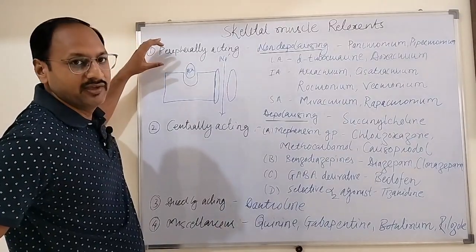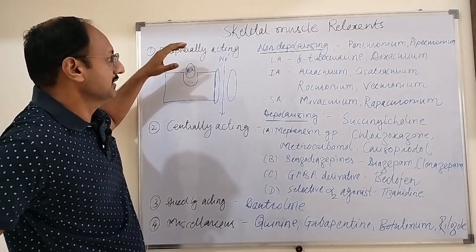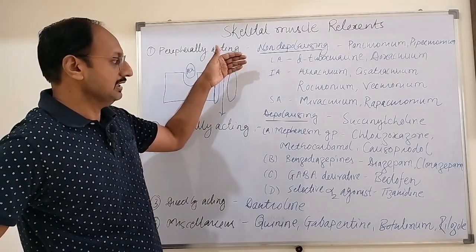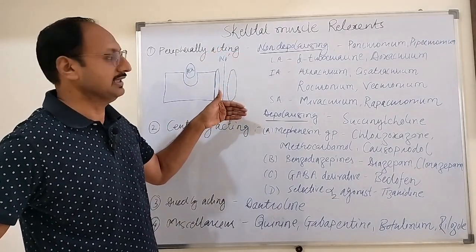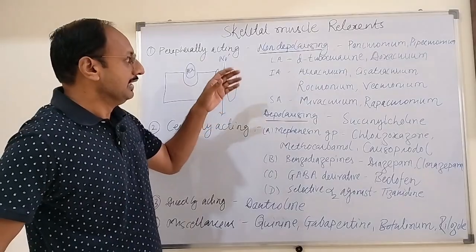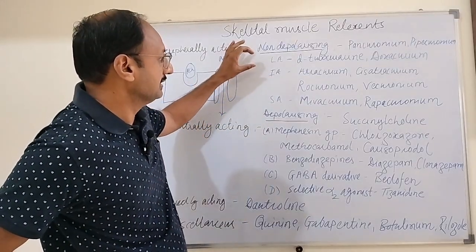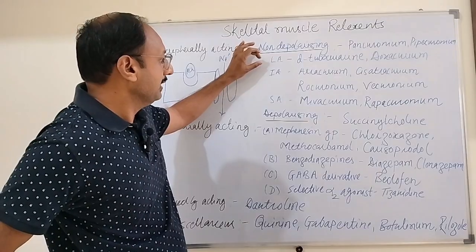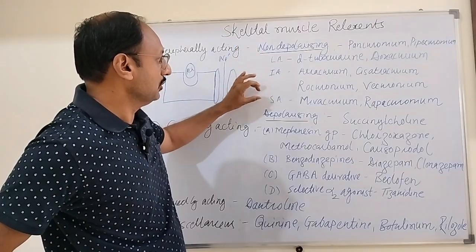First group is peripherally acting skeletal muscle relaxants. It is further divided into non-depolarizing skeletal muscle relaxants and depolarizing skeletal muscle relaxants. Non-depolarizing skeletal muscle relaxants are divided into longer acting, intermediate acting, and short acting.